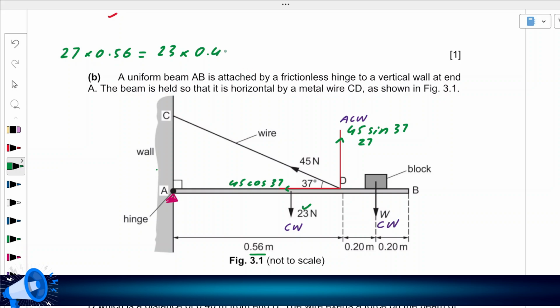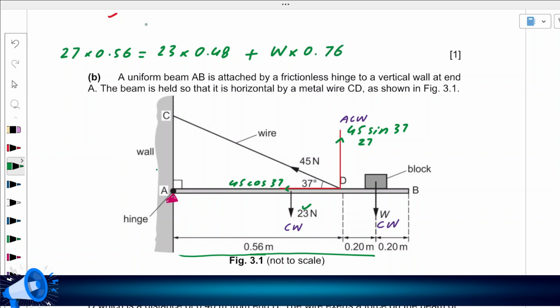So 0.48 plus the moment produced by the other force, which is a weight W, times, what about the perpendicular distance of that force from the pivot? It would be 0.56 plus 0.20. So it should be 0.76.